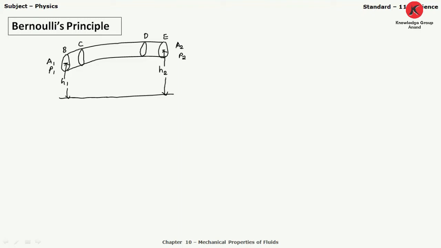Now, here we will consider point B and point D. So what we have at point B, the left end of the pipe, we have different notations.